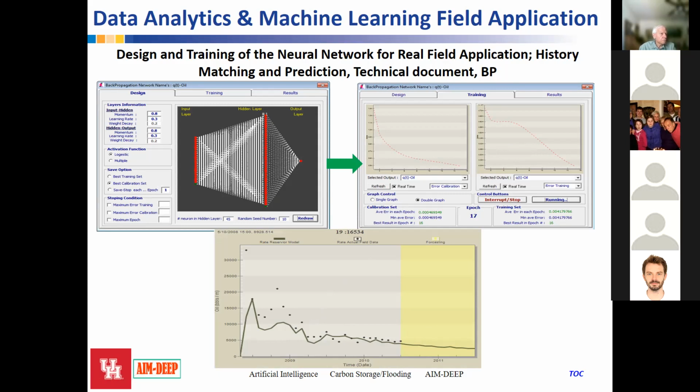Most of the time these techniques are used when numerical simulation is not able to give us a reliable history match or prediction because of complicated physics, like unconventional reservoirs or some other cases. So these types of projects are very good candidates for using artificial neural networks and data science techniques.